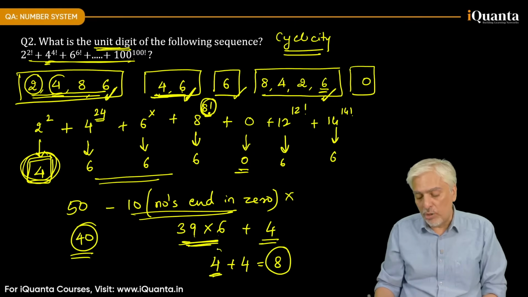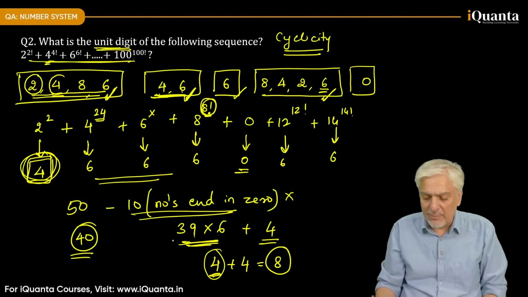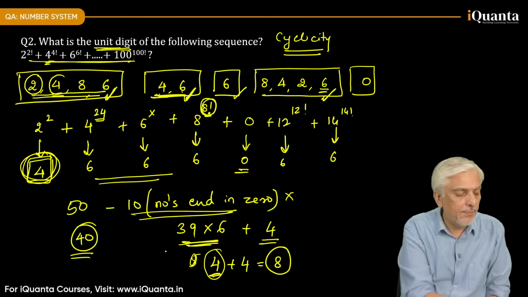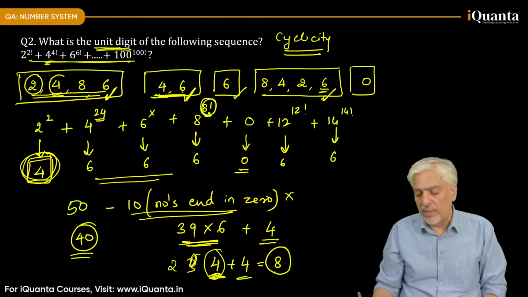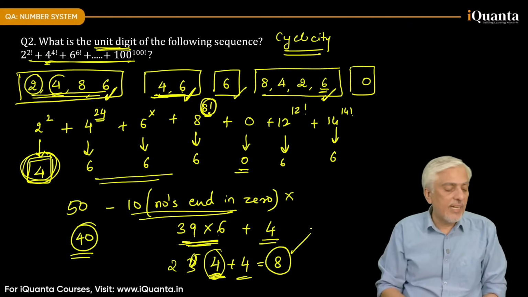So I am worried only about the 4. 54 is a big number, no idea what it will come to, and whatever it comes to, I don't need it. I think this number is 234. Okay, this number is 234 I think. So 54, 5, 60, 80, whatever. Doesn't matter. But 4 plus 4 over here, 8. So last digit is 8. I hope everybody got it.